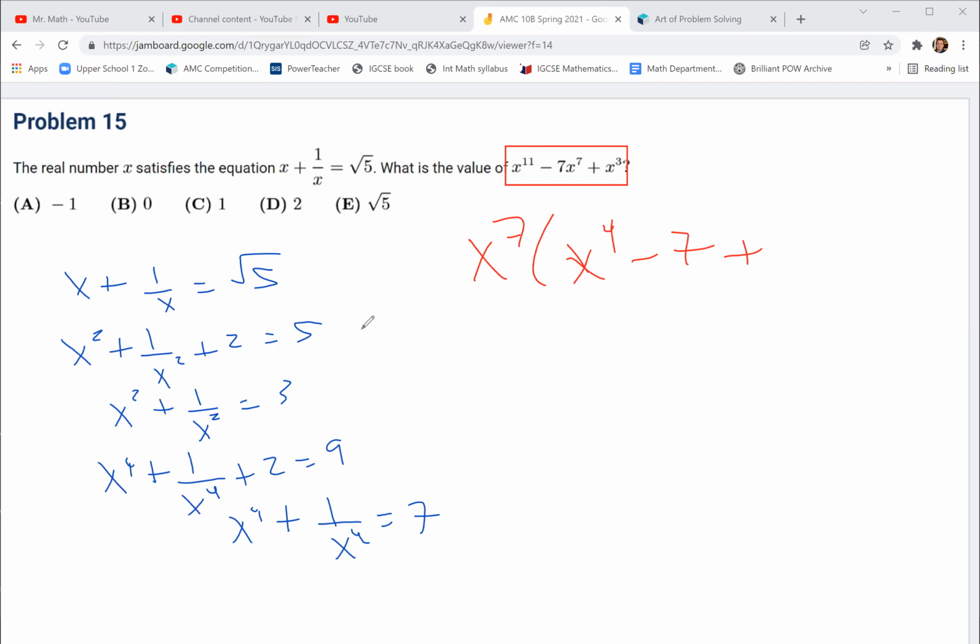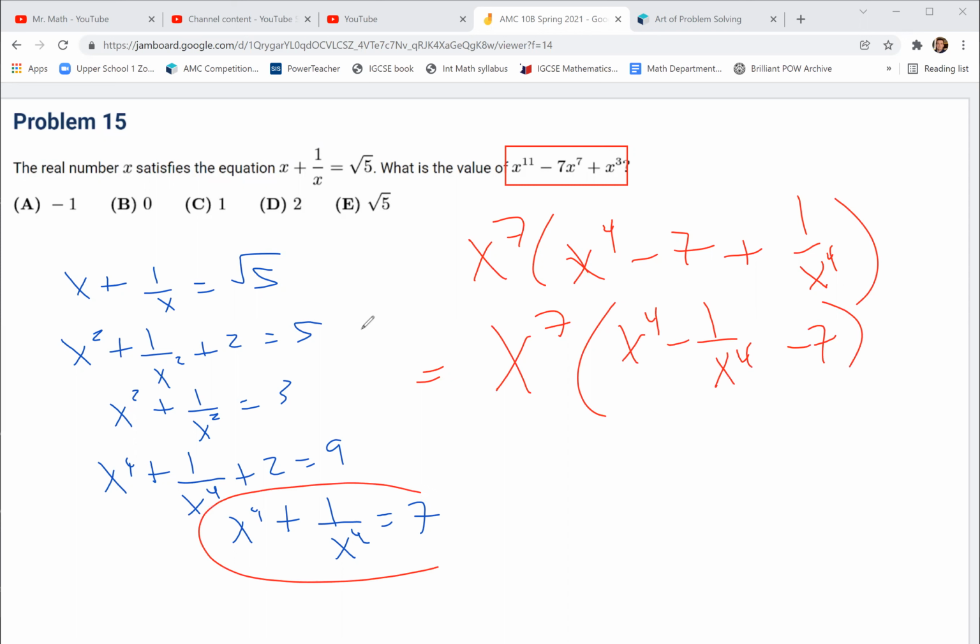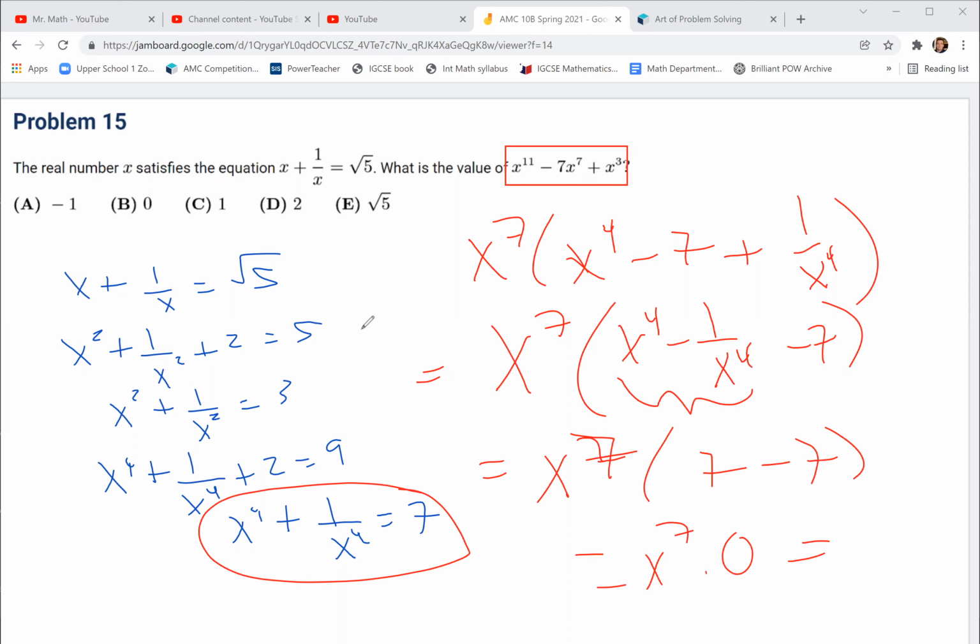I would be left with this, which can be written like this: x to the 7 times x to the power 4 plus 1 over x to the power 4 minus 7. But we just said that x to the power 4 plus 1 over x to the power 4 is 7. So we can substitute that with 7. So we're left with x to the power 7 times 7 minus 7, or x to the power 7 times 0, which equals 0. So our answer is 0.